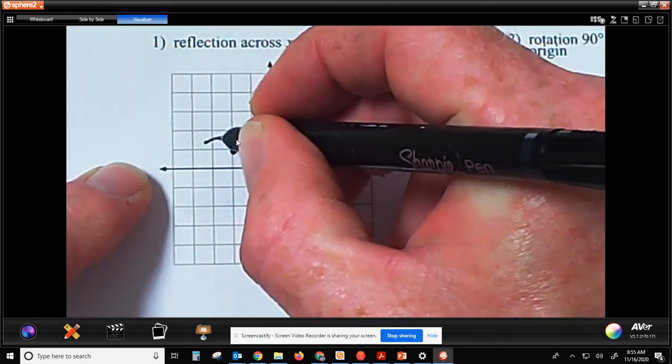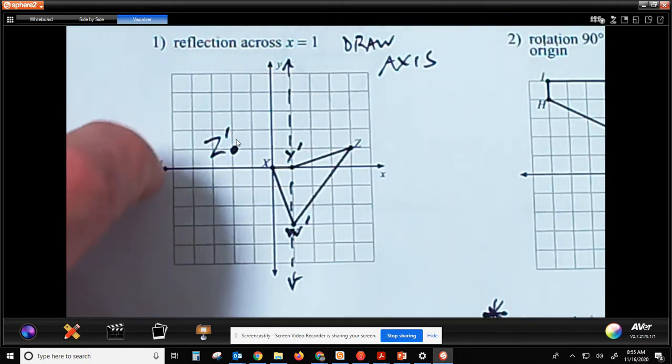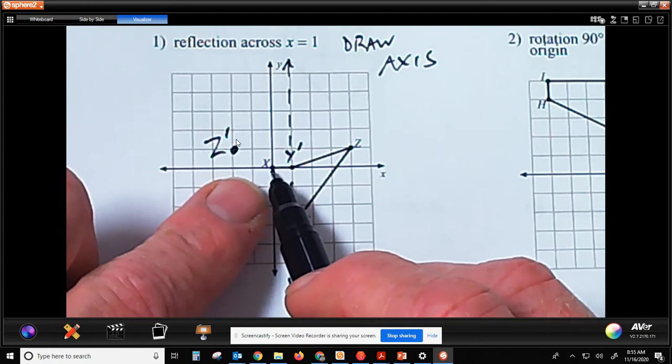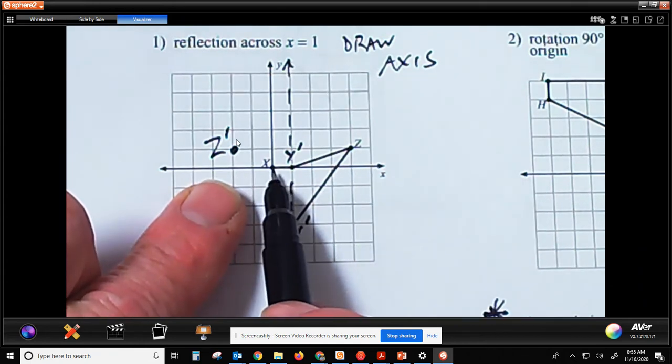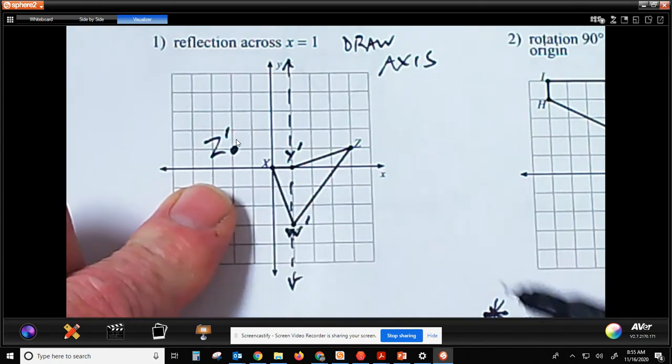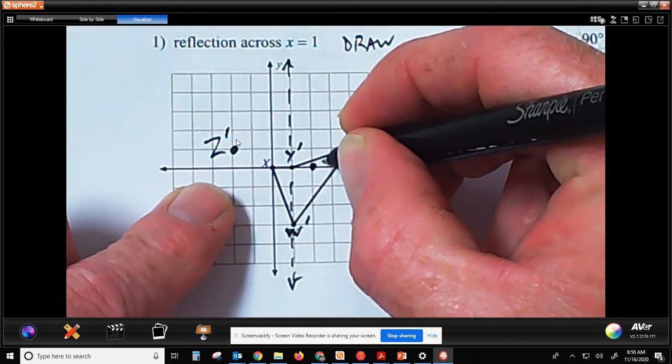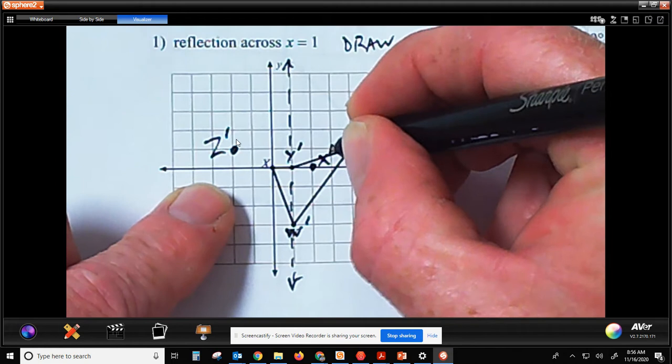And this is my location for z prime. X is right at the origin, 0, 0. It is 1 to the left of the axis. And so x prime is going to be 1 to the right of the axis. There's x prime.